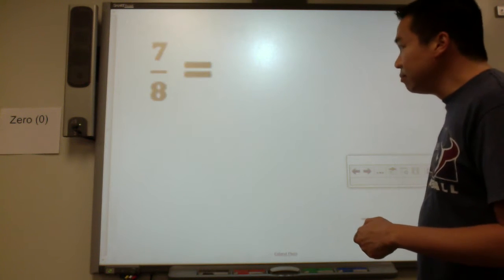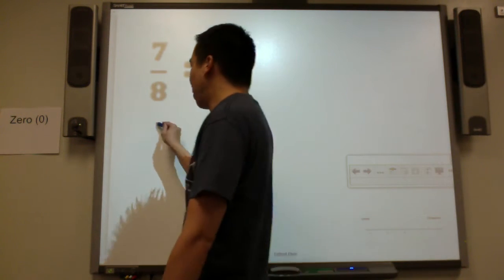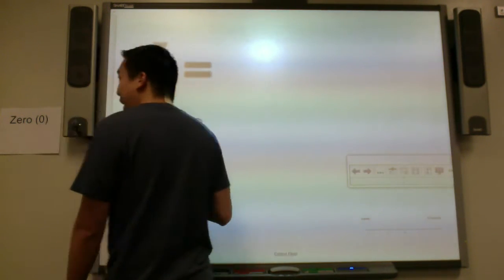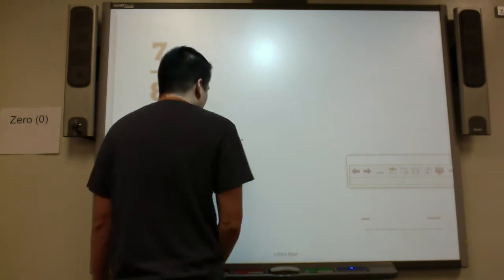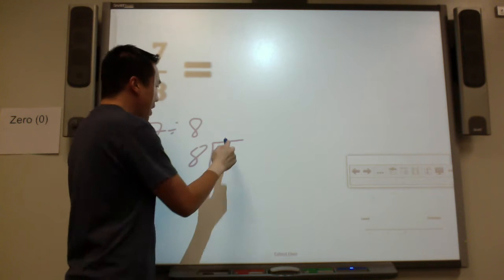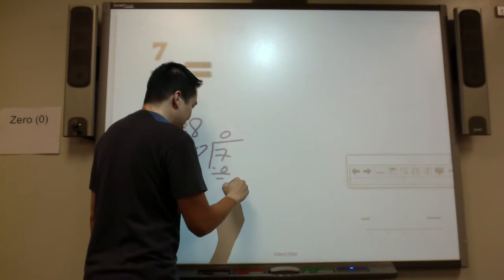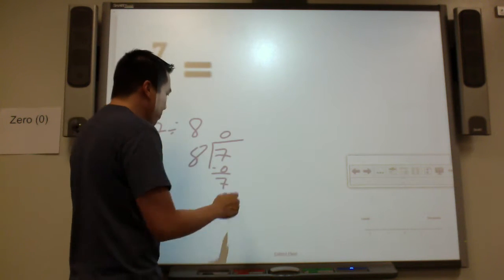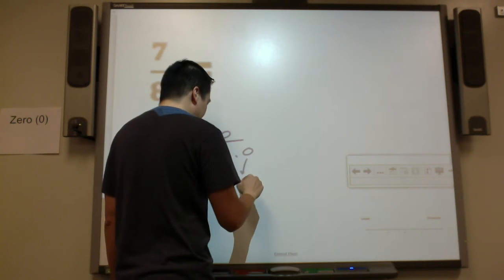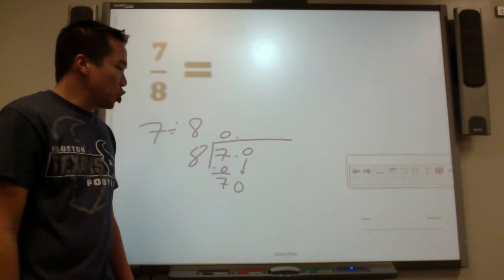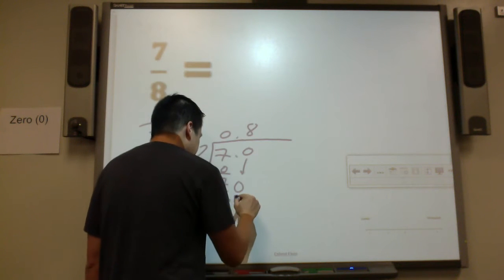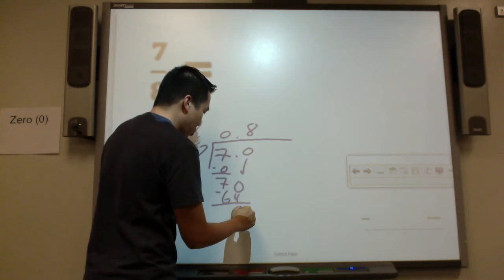Next question. 7/8. You can write that as 7 divided by 8, or you can say 7 divided into 8 parts. Can 8 go in 7? I don't think so, 0 times. Remainder 7. I need to get rid of this remainder. So I add a 0.0. Bring it down. How many groups of 8 go into 70? 8 groups. 70 minus 64 is 6.